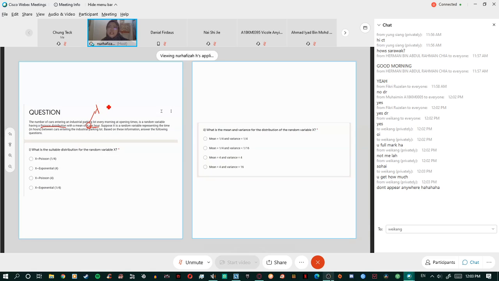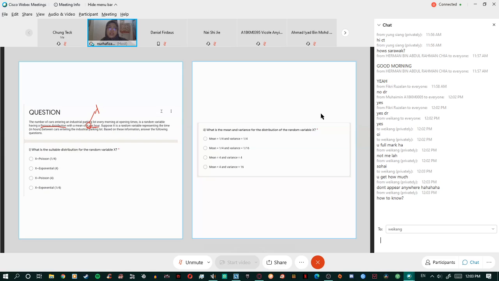I just want to inform you that the lambda for Poisson can also be a decimal, because lambda is an average, not the number of cars. So lambda is the average number of cars, not specifically the number of cars. It could also be, for example, 4.5 or 3.5. So please don't get confused.